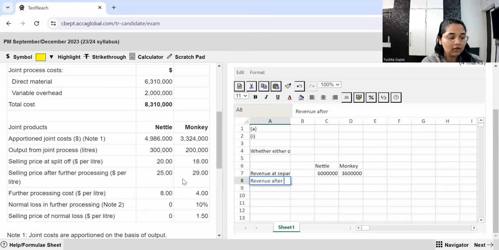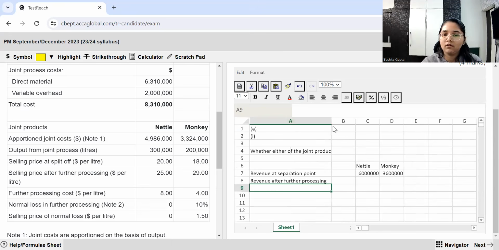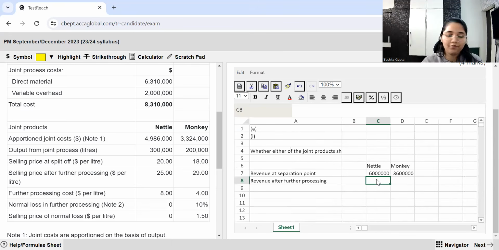Now if I want to process them further, how much will be my revenue? Revenue after further processing. So the revenue after further processing will be, first of all, I will have the entire 300,000 because the normal loss is 0 in case of Nettle.